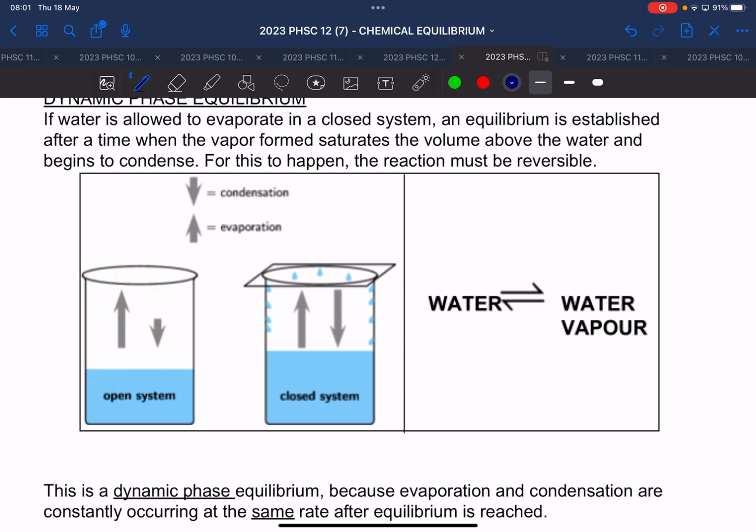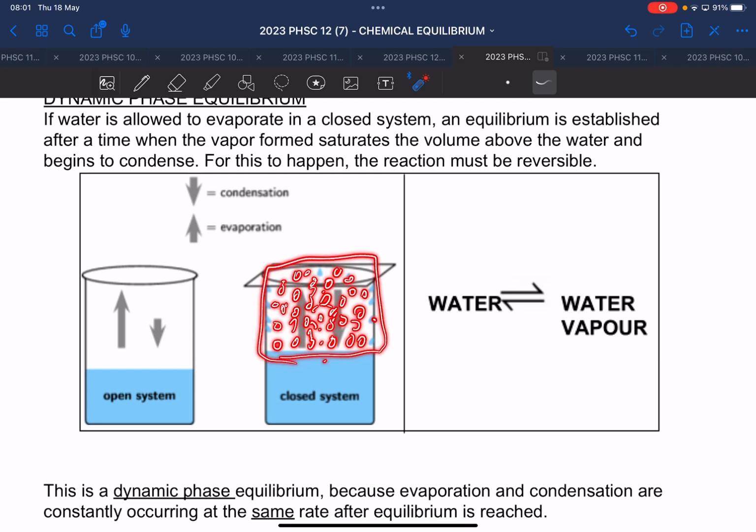Now, if we put a lid on there and you heat it up a bit, then it will evaporate until a certain point where the whole airspace on top of the water is full of water vapor, full of water gas particles. And then it is full. We call that saturated.